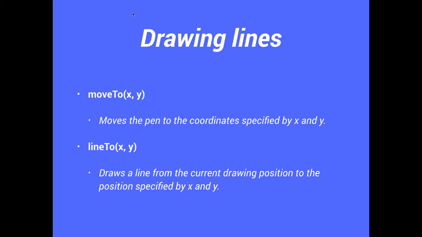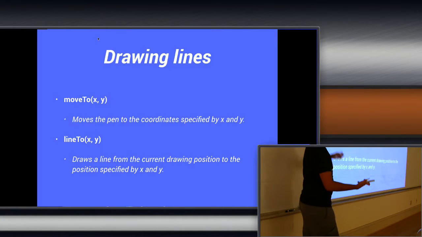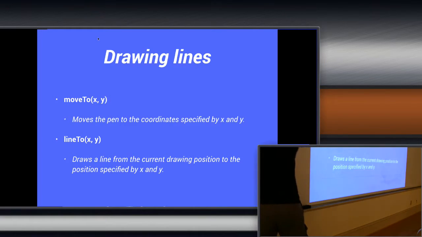It has 2,000 pixels by 500 pixels. And I have this moveTo and lineTo. So the moveTo is this red one, okay? So if I have a canvas like this is my canvas.